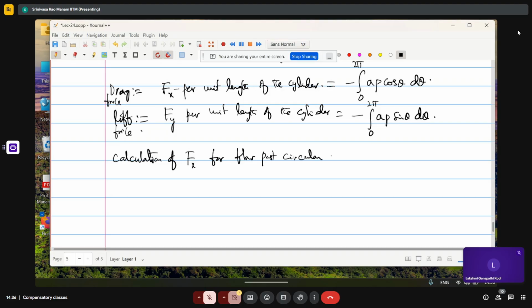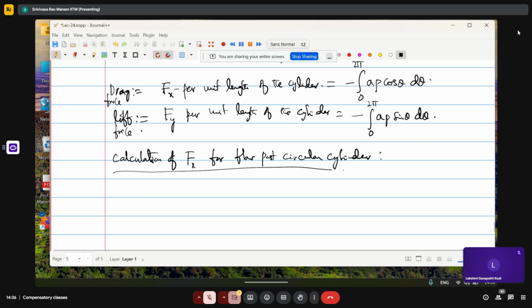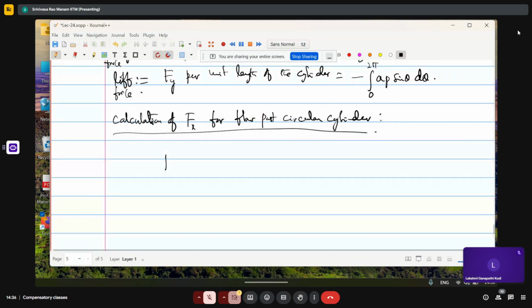Whatever we have done now, uniform flow and a doublet, that is basically flow past a circular cylinder. In this case, what is your Fx equal to? Minus A comes out, which is constant, integral 0 to 2 pi. And what is PS? PS is the pressure on the cylinder, right? So this is actually PS cos theta d theta.